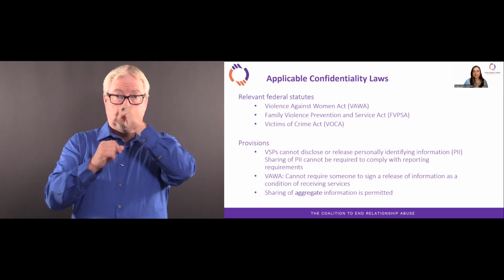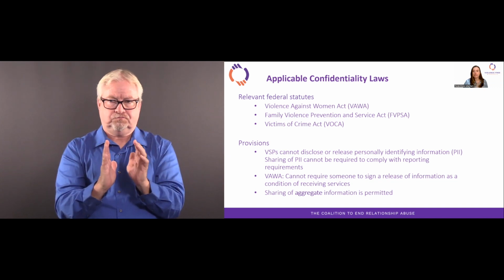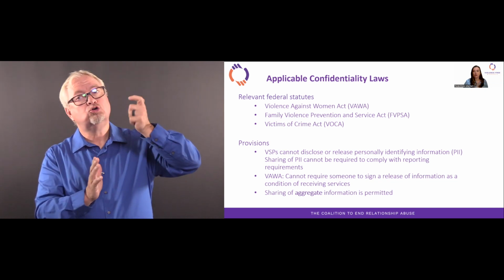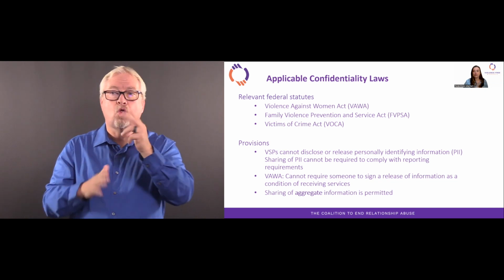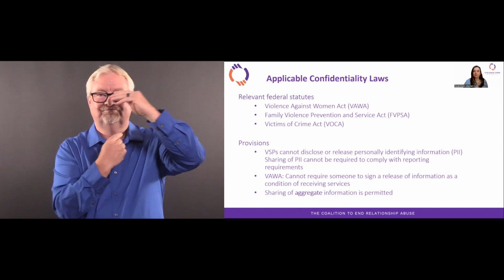The only exceptions are the written, time-limited, specific consent of the survivor, if required by a court order, or when disclosure is mandated by statute, such as reporting child abuse.